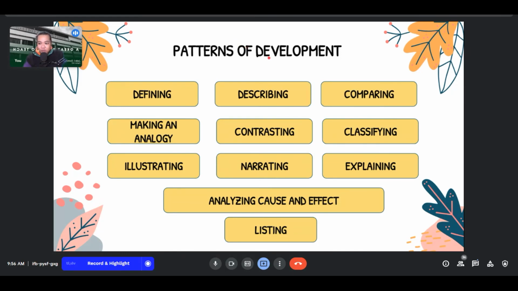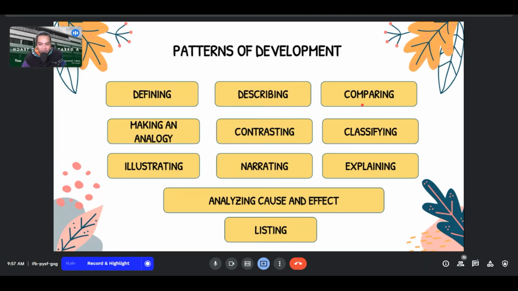Basta i-describe nyo siya in a way that is more understandable than the current situation. Okay? So, basta i-describe nyo. So, for example, magbibigay ko ng mga descriptive words. So, pwedeng yung gumagamit kayo ng mga adjectives dito. Yon, nakalimutan ko lang yung term, pero gagamit kayo ng mga certain adjectives. Appropriate adjectives, ha? Huwag yung masyadong opinionated adjectives.